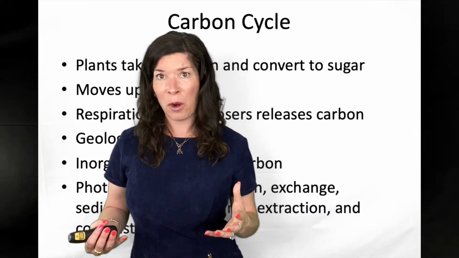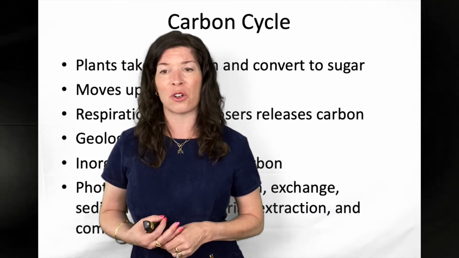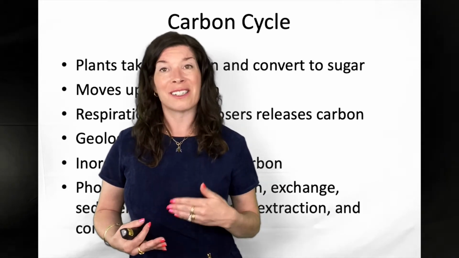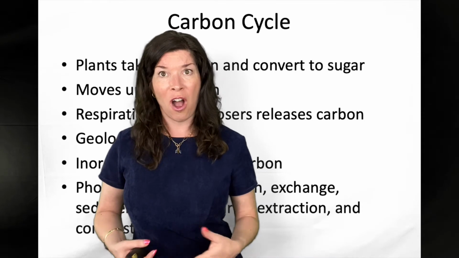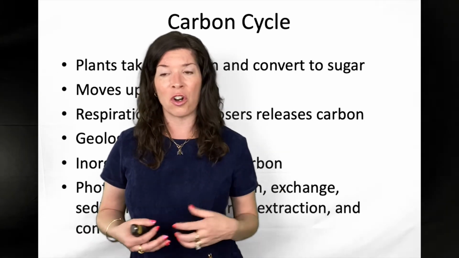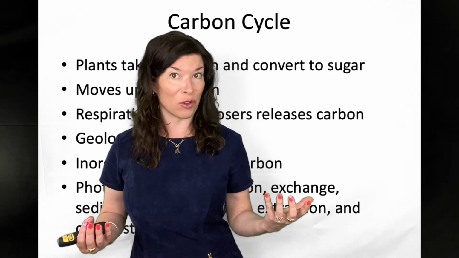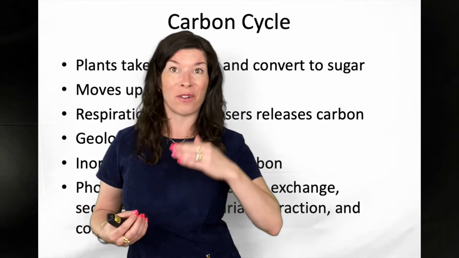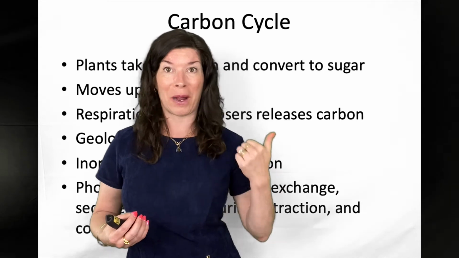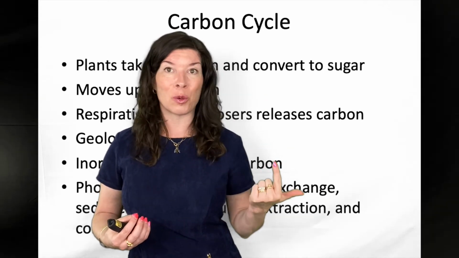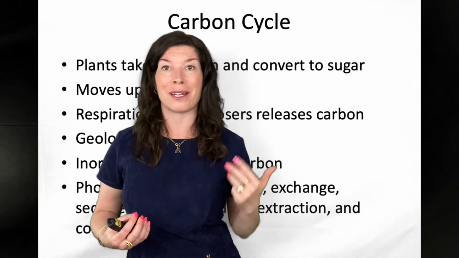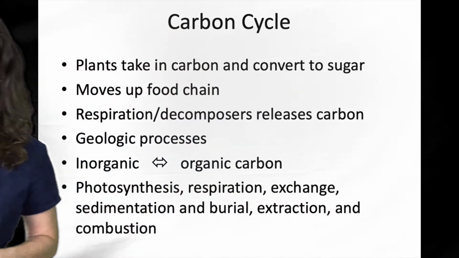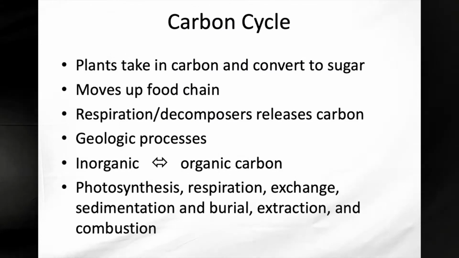There are geologic processes involved in the movement of the carbon cycle, things like photosynthesis and respiration, sedimentation, burial of organic material that ultimately turns into fossil fuels, gets extracted, and then humans combust it. So we have all of those pieces there, the biological processes, the chemical processes, the geologic processes, and even how human activity can influence. So let's take a look at a picture of the carbon cycle.